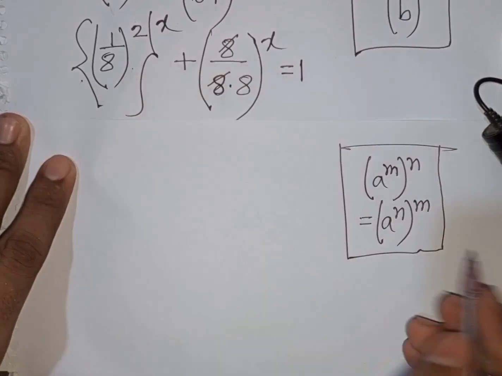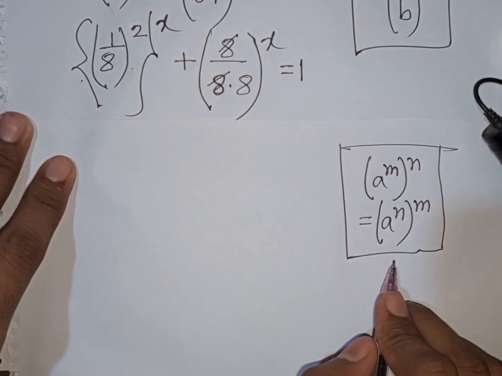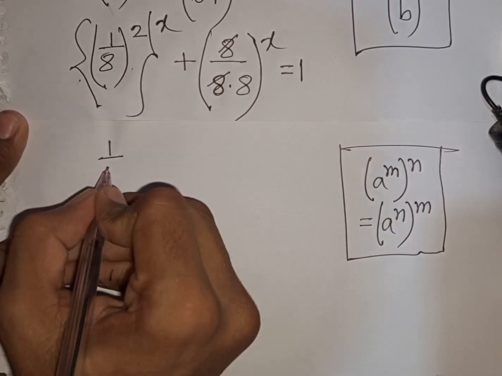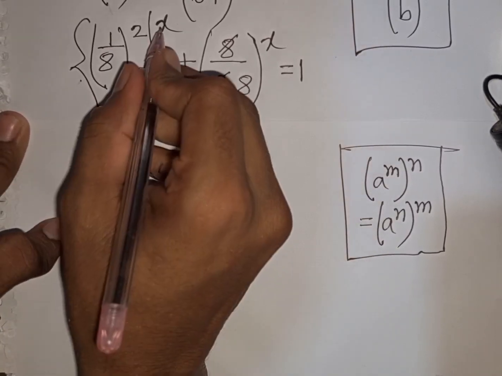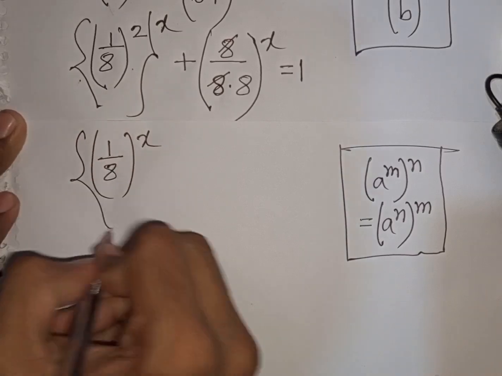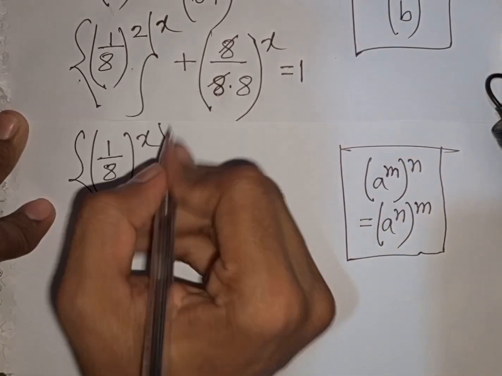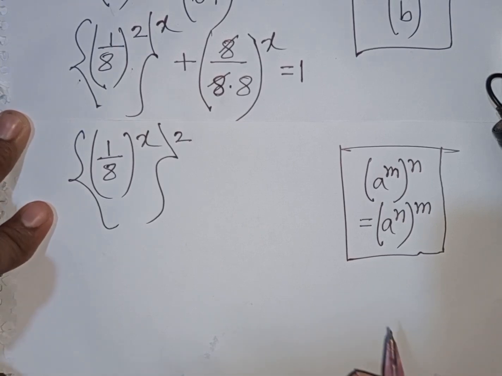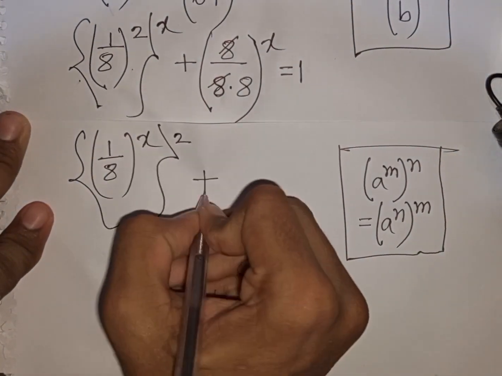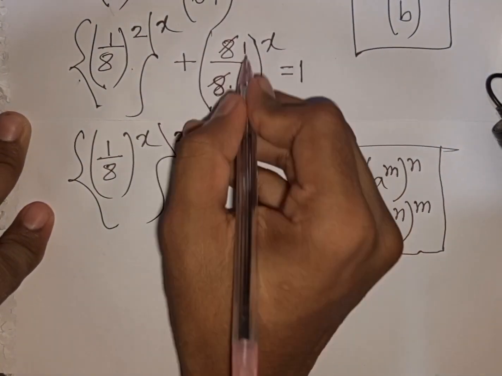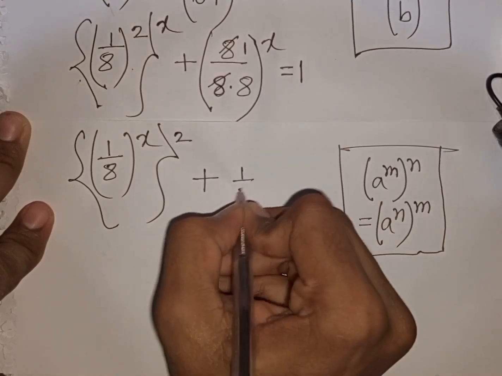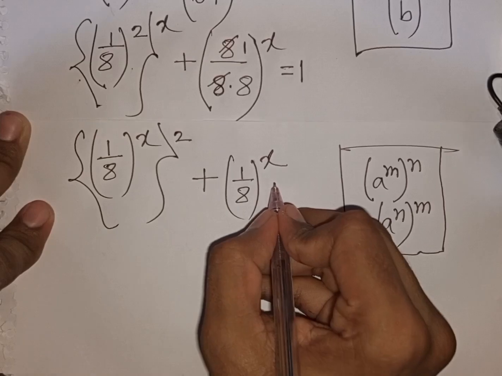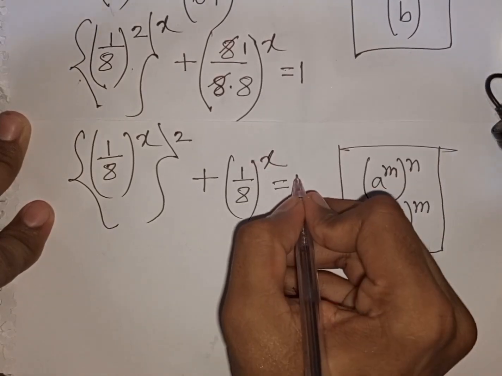So, according to this rule, it will be 1 over 8, then bracket power x, then second bracket power of 2, then plus 1 over 8 bracket power of x is equal to 1.